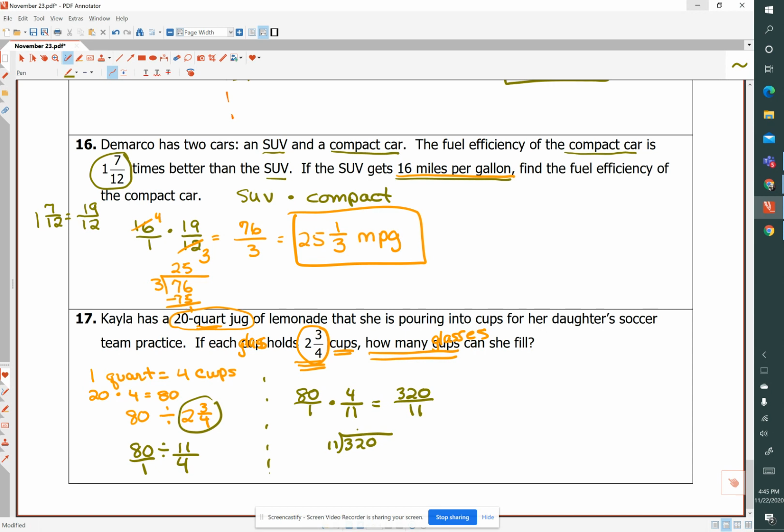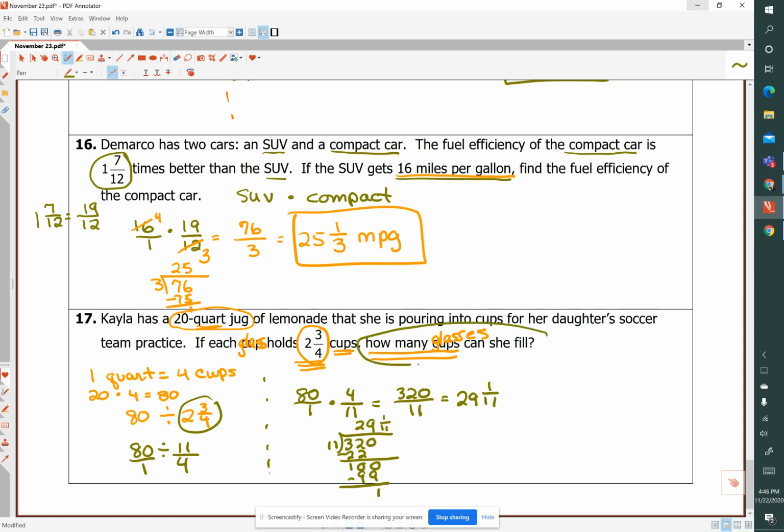And 11 into 32 is 2 times. That's 22, which leaves 10. And we'll try 9. 9 times 11 is 99, with 1/11 left over. So as an improper fraction, 320 over 11 equals 29 and 1/11.